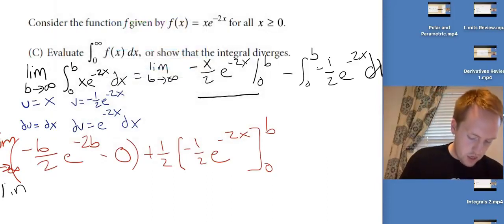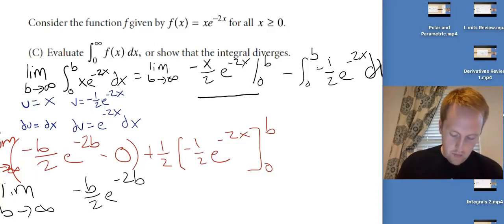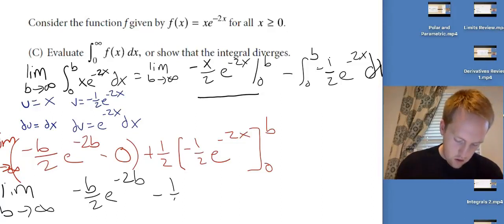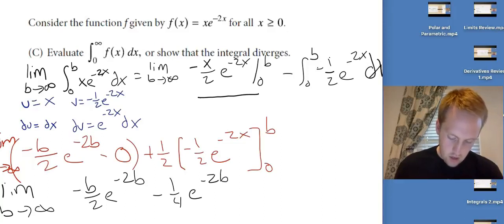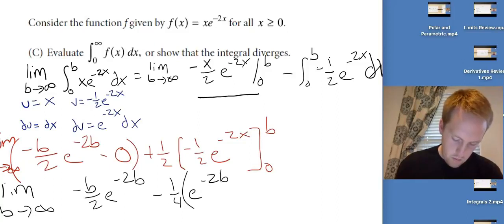Limit as b goes to infinity of negative b over 2 e to the negative 2b plus 1/2, let's make this minus 1/4, e to the negative 2b, minus 1/2.